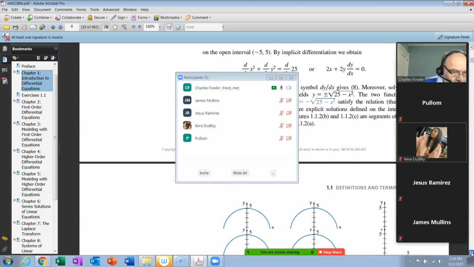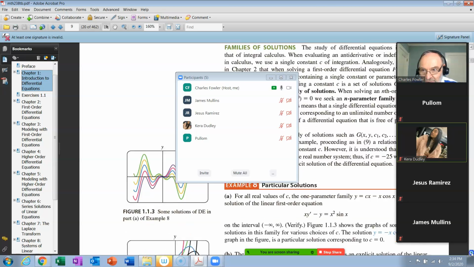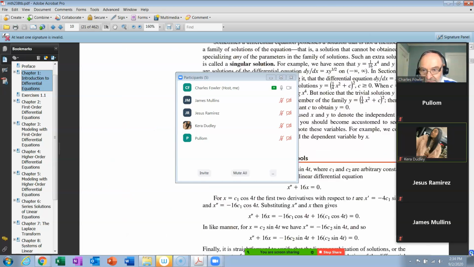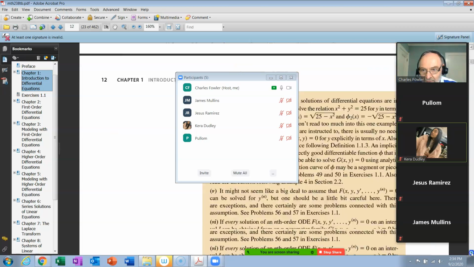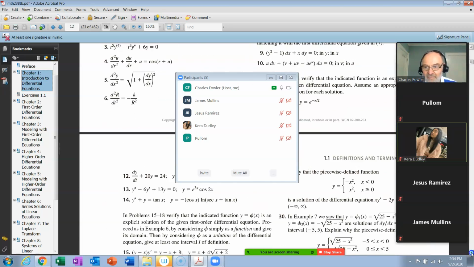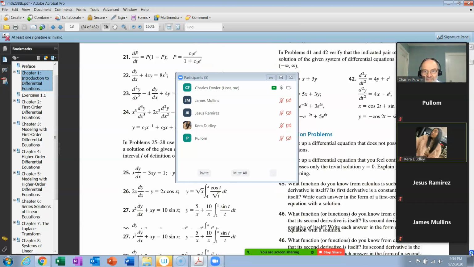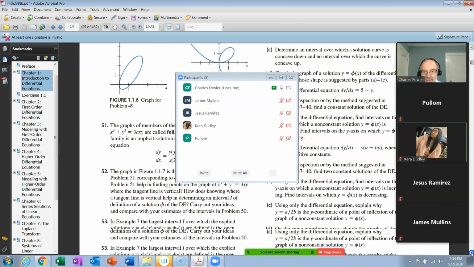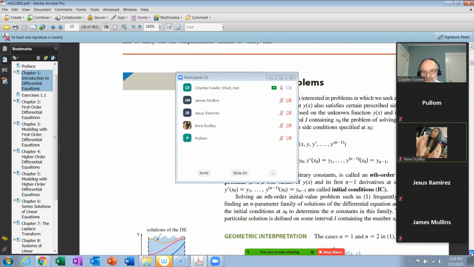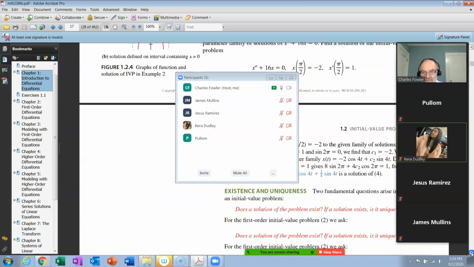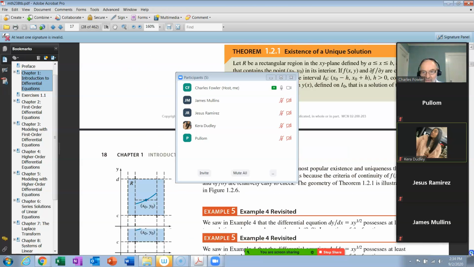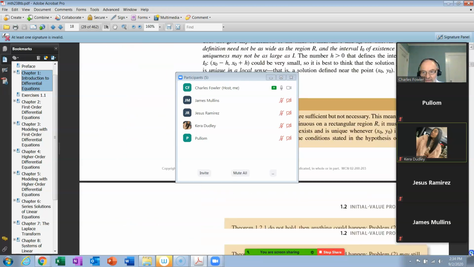Okay, we're going to page 22. Pretty slow process here. Getting closer.